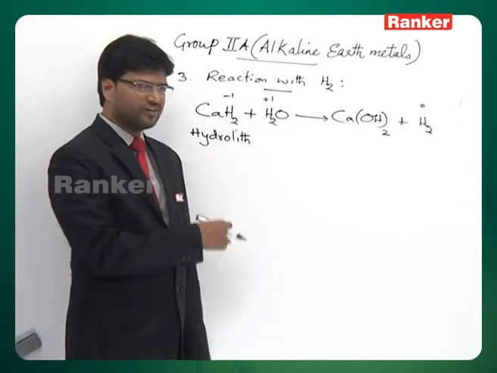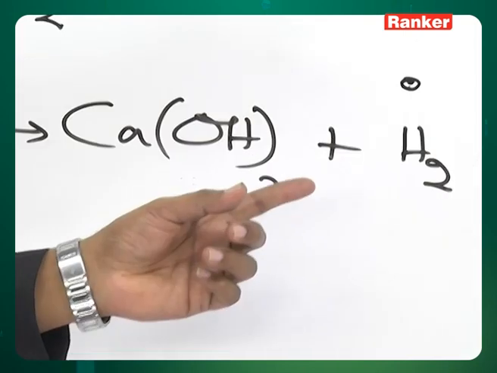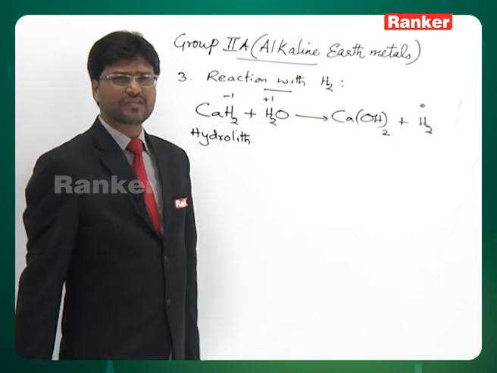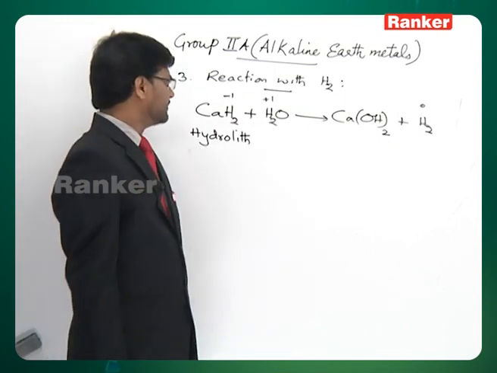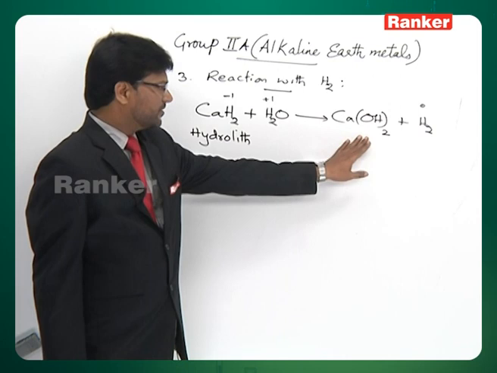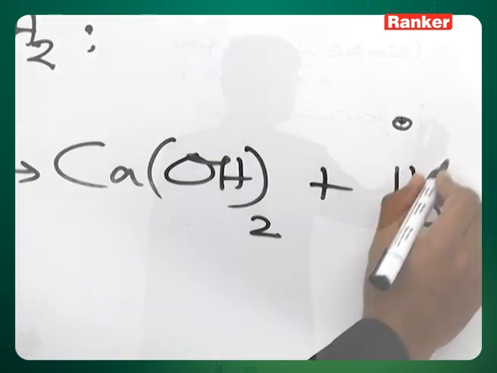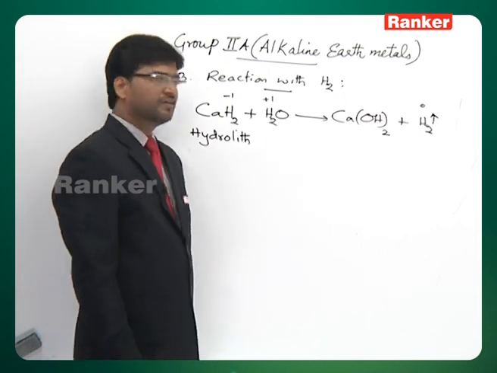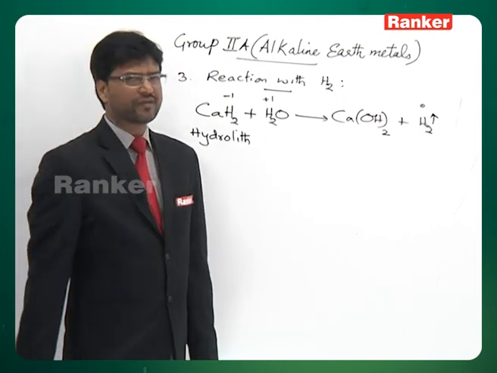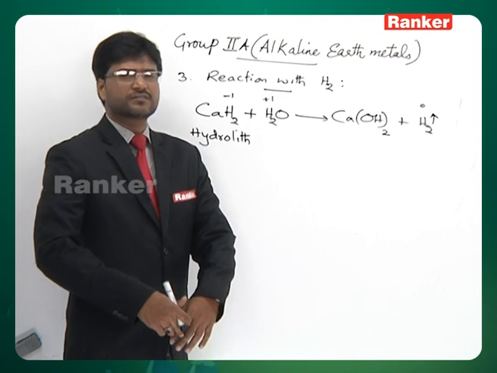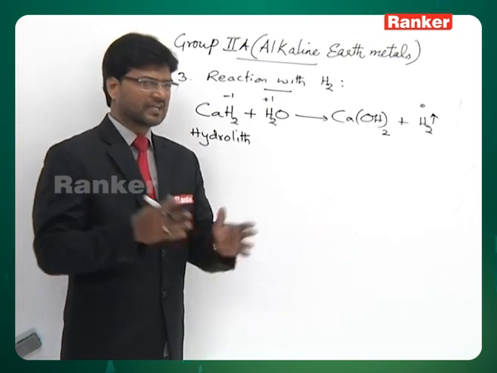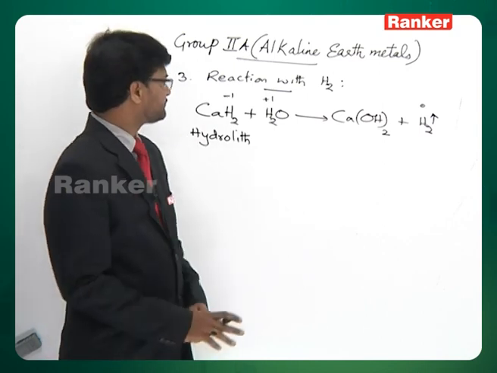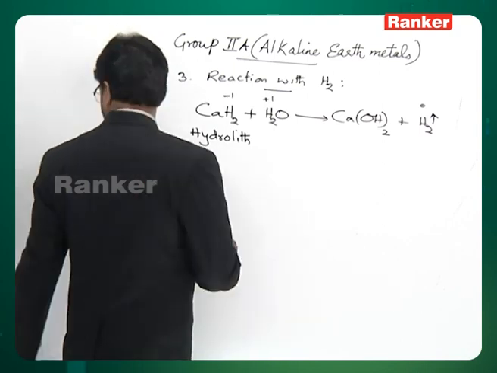Same element in two different oxidation states, when it combines to give a compound in which the element has one particular oxidation state, then the process is said to be comproportionation. Hydrogen gas escapes out and the resulting solution will be alkaline. So if you put a piece of calcium hydride in water, the gas given out is a colorless gas, hydrogen gas, and the solution becomes alkaline. That's about reaction with hydrogen.